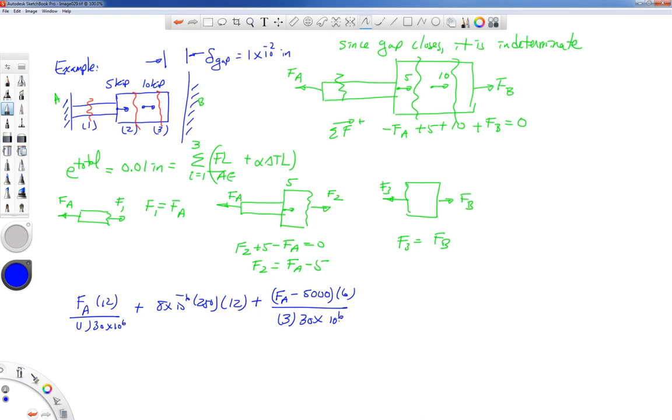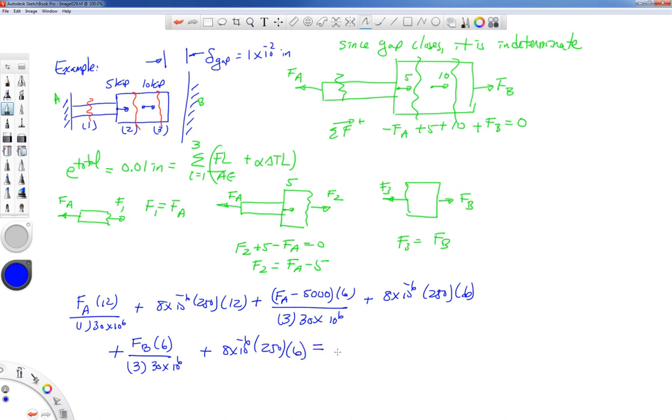E2, which is 30 times 10 to the 6 psi, plus alpha delta T L, remember that segment's only 6 inches long, plus, for section number 3, FB 6 over 3 square inches, 30 times 10 to the 6, plus alpha delta T and L3.